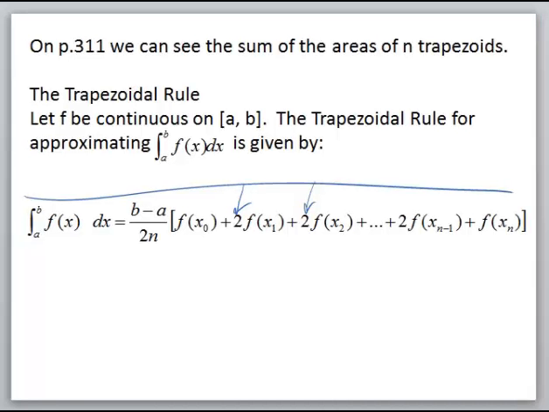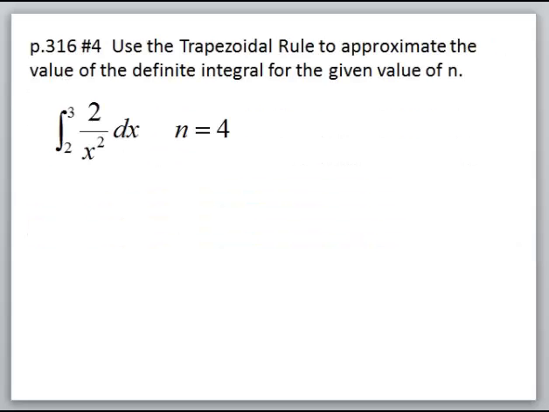Alright, so here's my formula, so I'll be glancing back and forth at this for this next problem. What I'm going to do is use trapezoidal rule to approximate the value of the definite integral. I think I'm going to just write the trapezoidal rule so I don't have to keep flipping back and forth between the two slides.